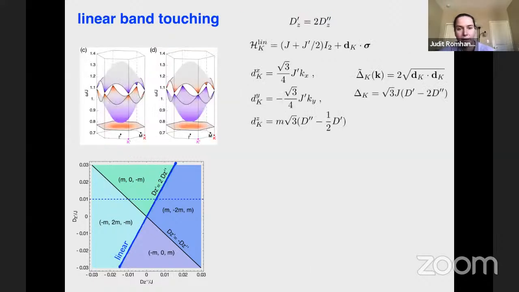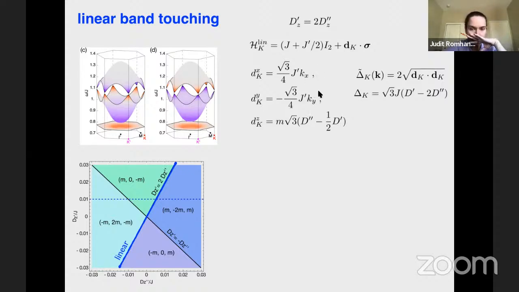I think I will be faster here at this point, because this is not the main point of the talk. But I just wanted to show that one can really analyze these different band touching transitions, and the expansion about the K point is going to give us a Hamiltonian that has this form, where the Kx and the Ky are now measured from the K point.